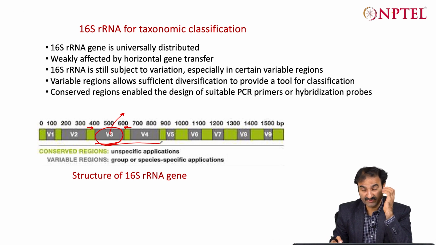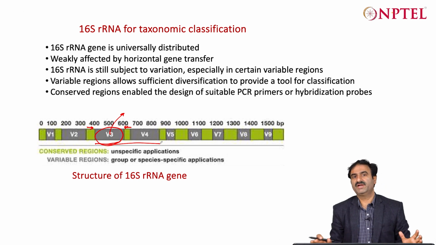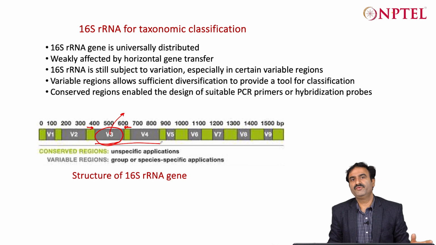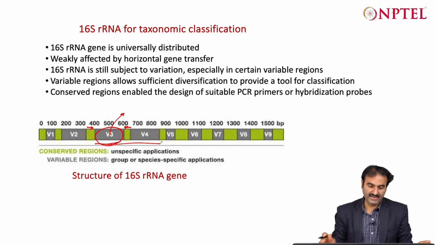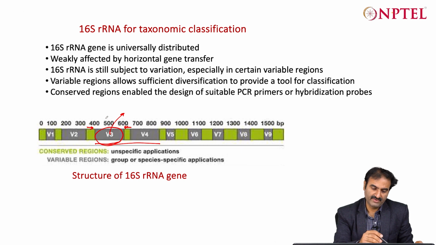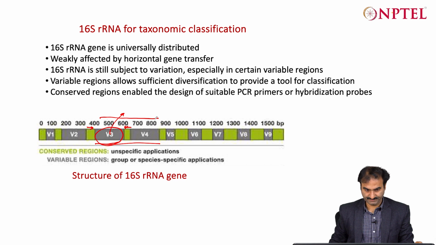It also depends upon the sequencer that you are using, right? If you are going for a 150 base pair paired-end read, I think the V3 region is better. If you are using MiSeq, 300 base pair or 250 base pair paired-end read, you can go for the V3, V4 region combination.